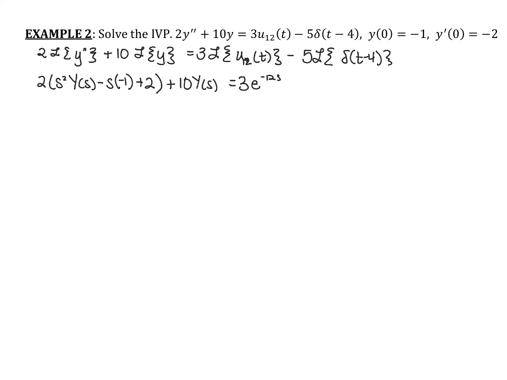Did I get all that? Yes. Minus 5e to the negative 4s. Nope, this should have a divided by s. Okay. Not sure why I have 2 s's here. So minus 5e to the negative 4s. Okay, so let's start grouping like terms.